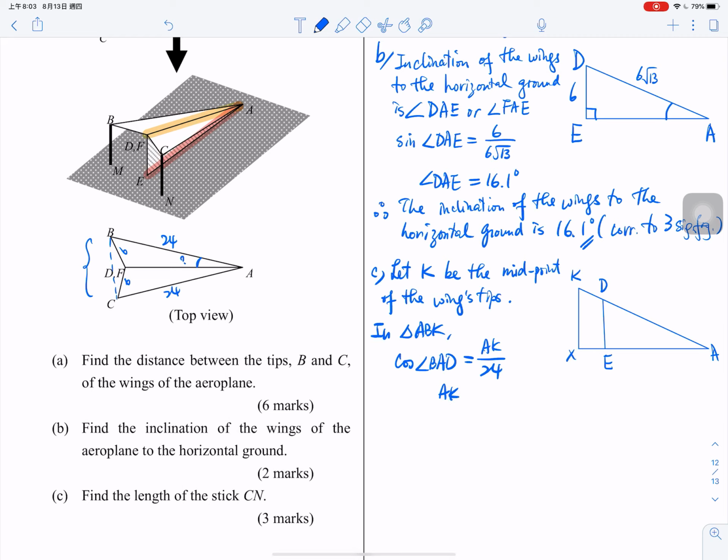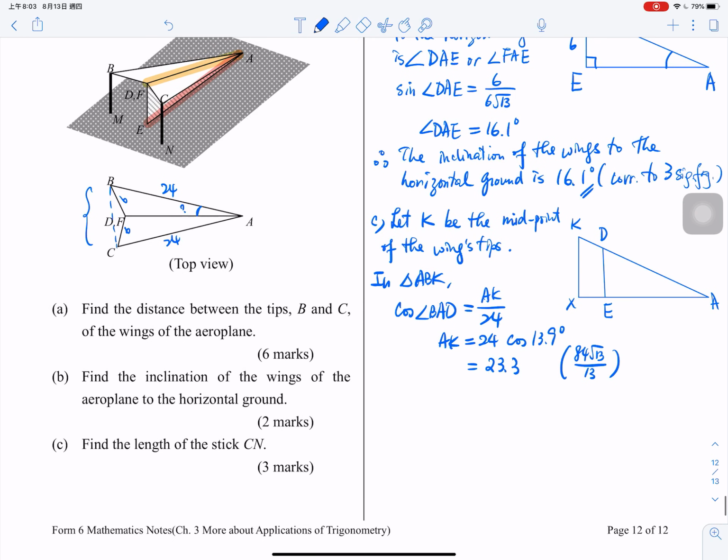So AK equals 24 cosine 13.9 degrees, 23.3. If you use the surd form, is this one, okay? Then now we can use this figure.